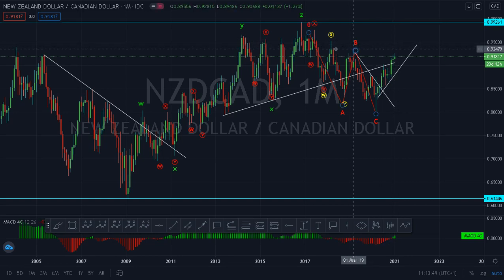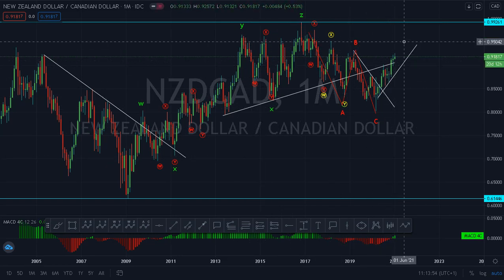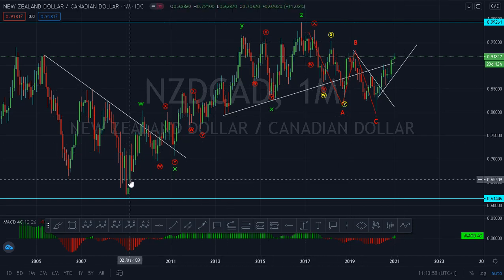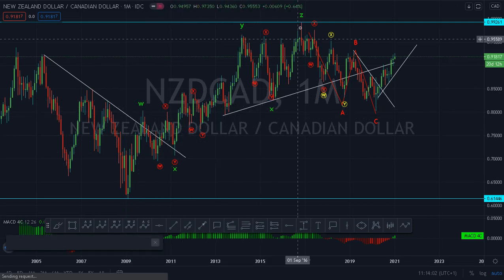And whenever the market is moving in three waves, there's a lack of direction. You can see all we have here is W, X, Y, X, Z.